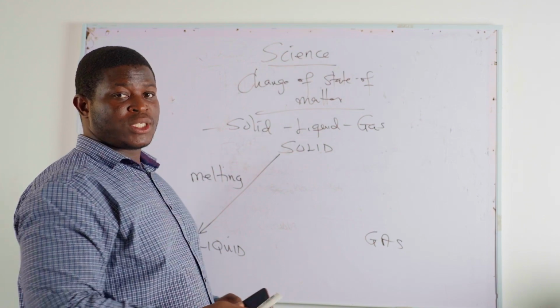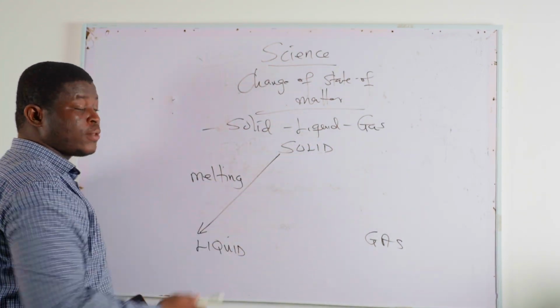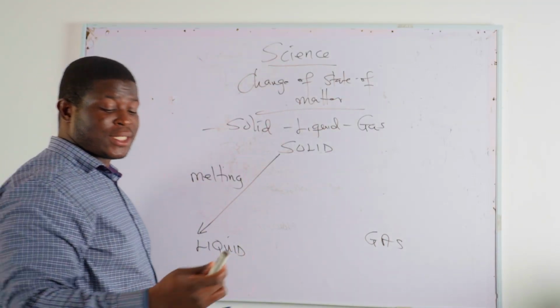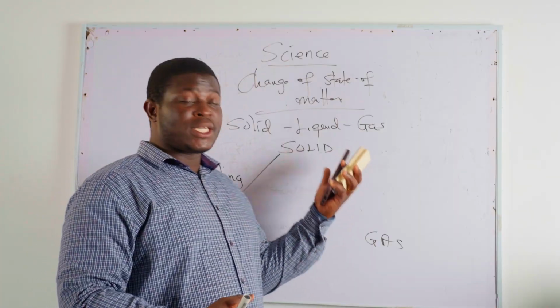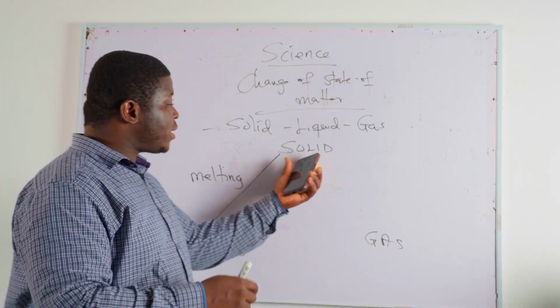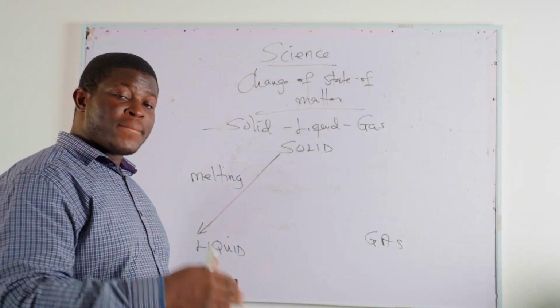Melting. So the substance changes from a solid state, then it moves to a liquid state. We call that process melting. A typical example is when you have your ice block, you bring it from the fridge, it's in a solid state. All of a sudden, you see that it changes from the solid state to a liquid state, and we call that process what? Melting.